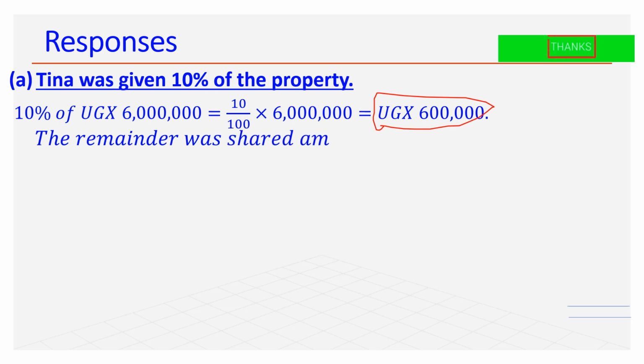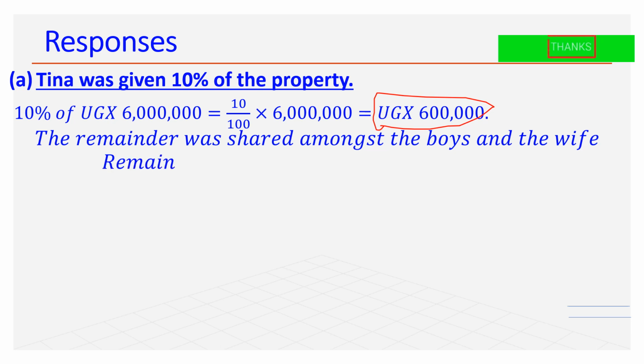Then we get to realize that the remainder was shared amongst the boys and the wife, meaning after Tina has already taken the 600,000 from the 6 million. So the remaining money is the one that is to be shared amongst the boys and the wife. So let's get the remainder here.